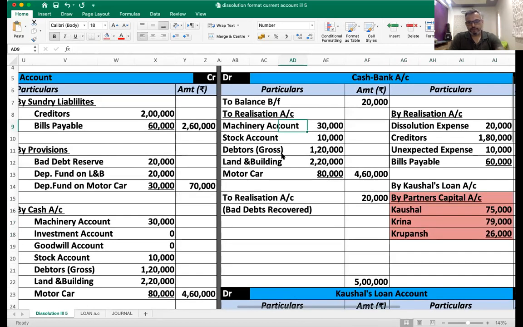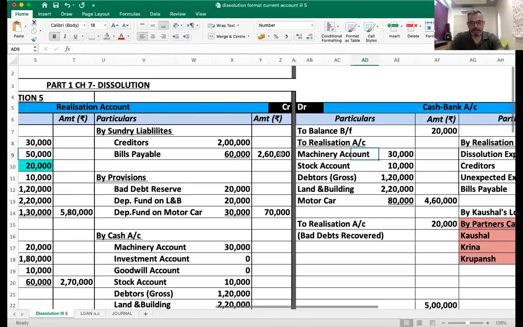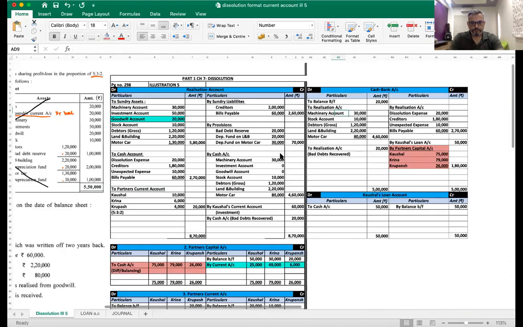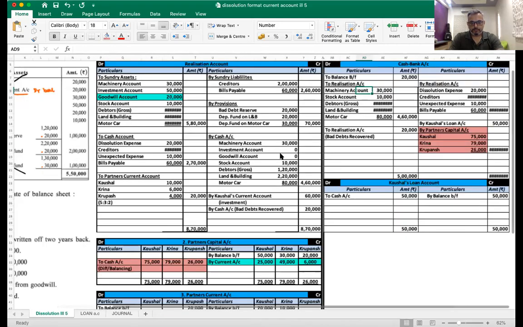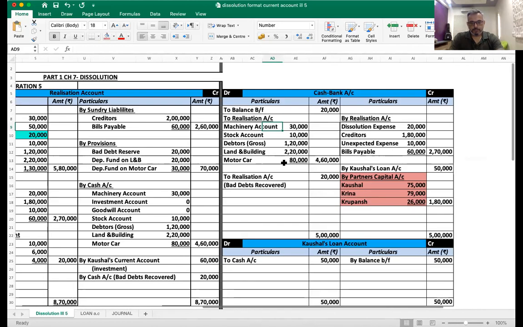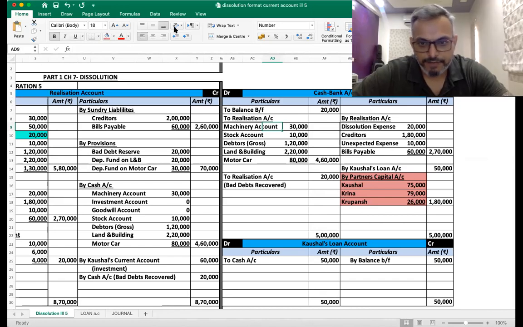So just go through the sum once again, see if you have any doubt. Now you can make journal entries from this as well. Okay, you have to see what's happening over here.